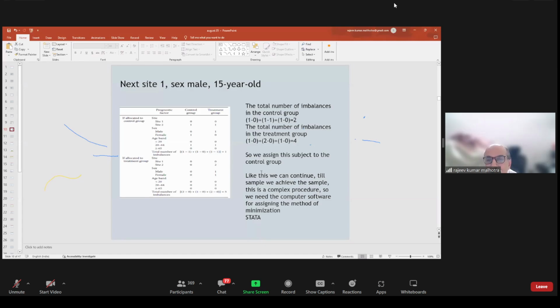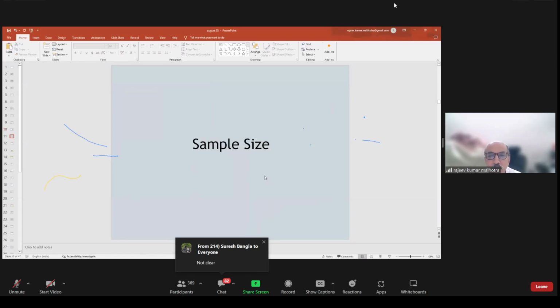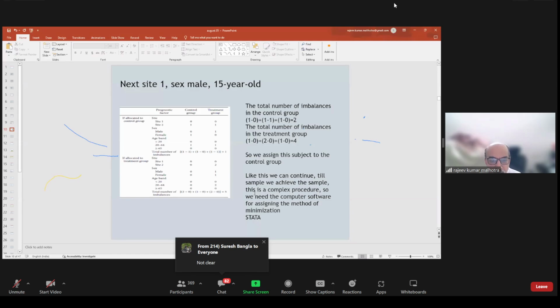First assign the patient randomly, then put the characteristics of that patient into the model or software, and the software will tell you whether it will go to the control group or the case group. So before going to the sample size, I will take an online calculator, sealed envelope, to explain how you calculate the randomization.